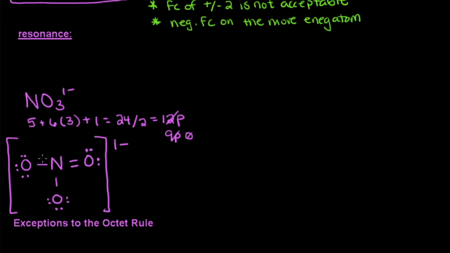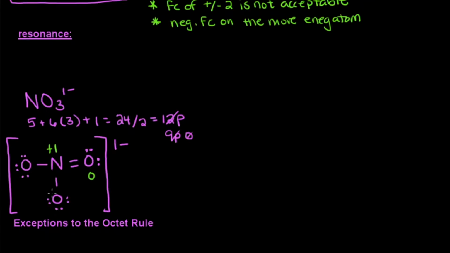Let's calculate formal charge and see if this is an acceptable structure. So, normal number of valence electrons on nitrogen is 5 valence electrons minus 1, 2, 3, 4. 5 minus 4 is a positive 1. Oxygen has 6 valence electrons minus 1, 2, 3, 4, 5, 6.